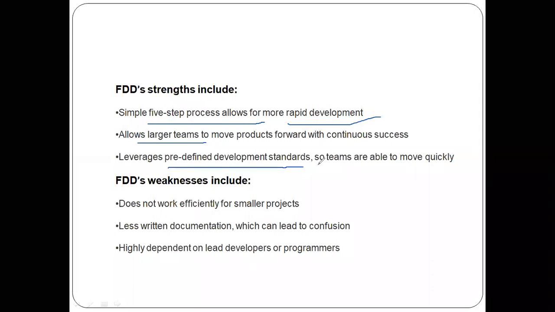Here also, if you want to include more and more people to work on our project, you need some pre-planned or pre-development methodologies and rules and regulations for that particular project, isn't it? These are all the strengths of this particular FDD.